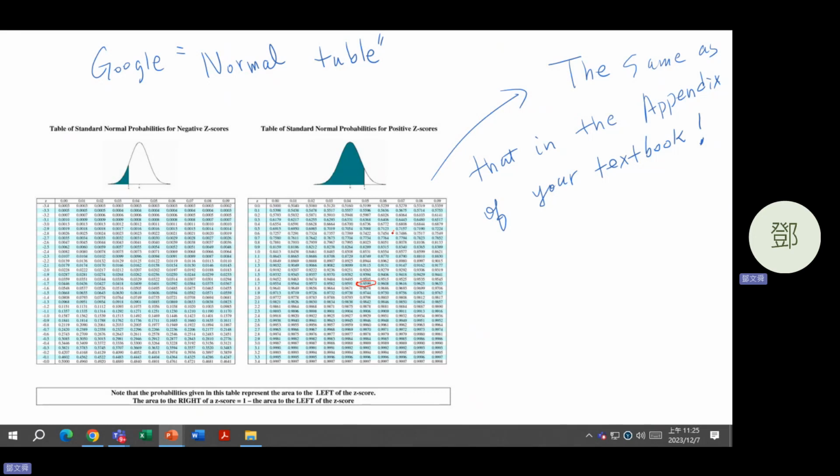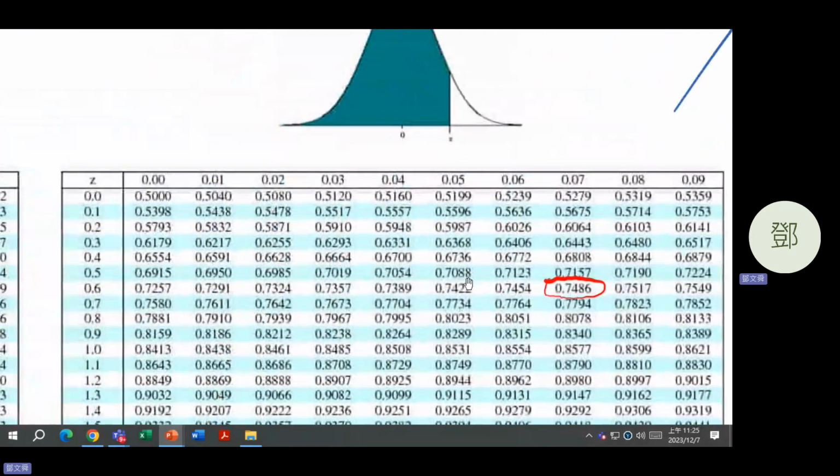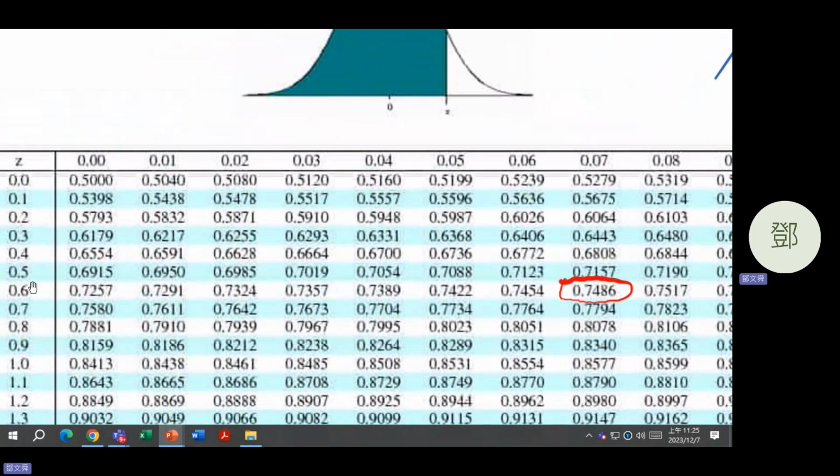Zoom in. You see this? 0.67. The area left of 0.67 is 0.7486.